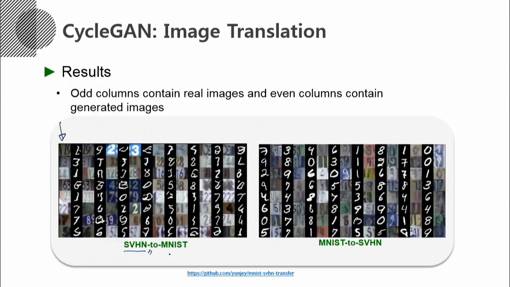At the same time, we can think of MNIST images, which have mostly a black background. When training our CycleGAN between these two domains of images, these are the image-translated versions from the Street View house number examples into the MNIST domain, and vice versa.